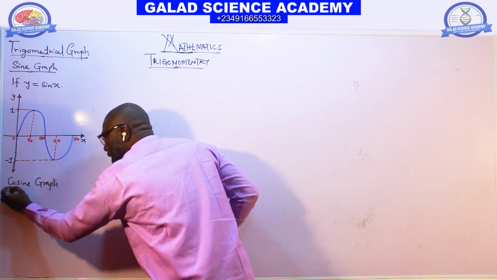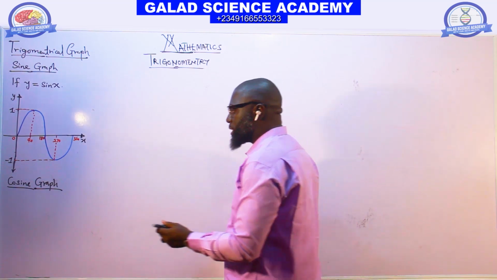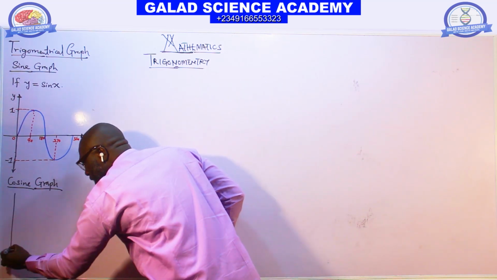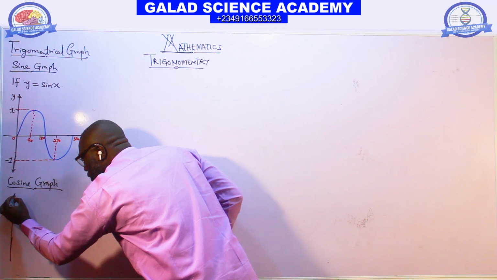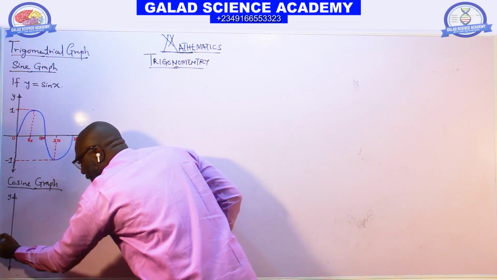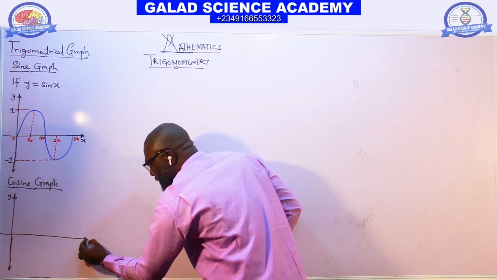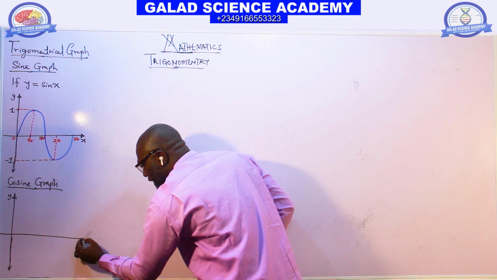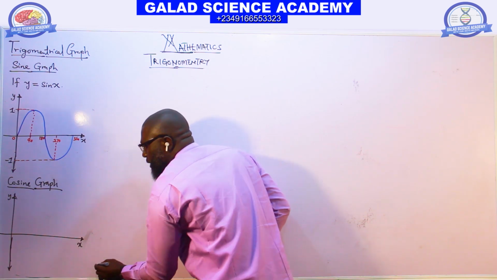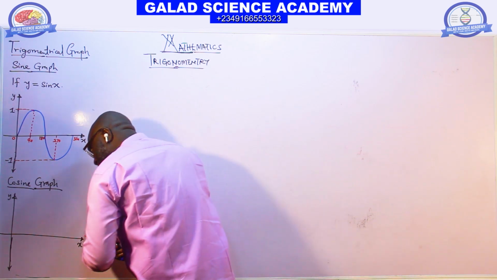The graph for cosine looks like this too. This is y, and here we have the x axis.